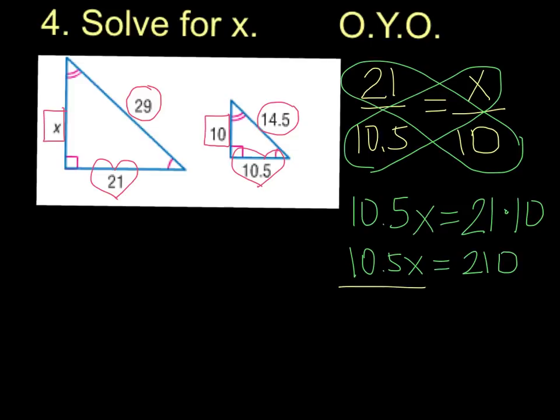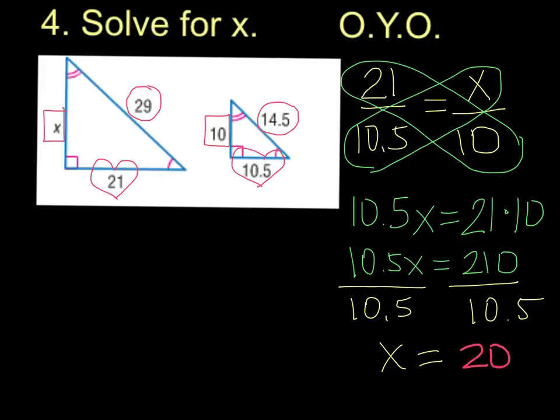Now you're going to divide both sides by the coefficient, 10.5. Okay, now you just need to use a calculator to get what x is. Okay, so you should have got 20. So 210 divided by 10.5 is 20. So your missing side was 20.